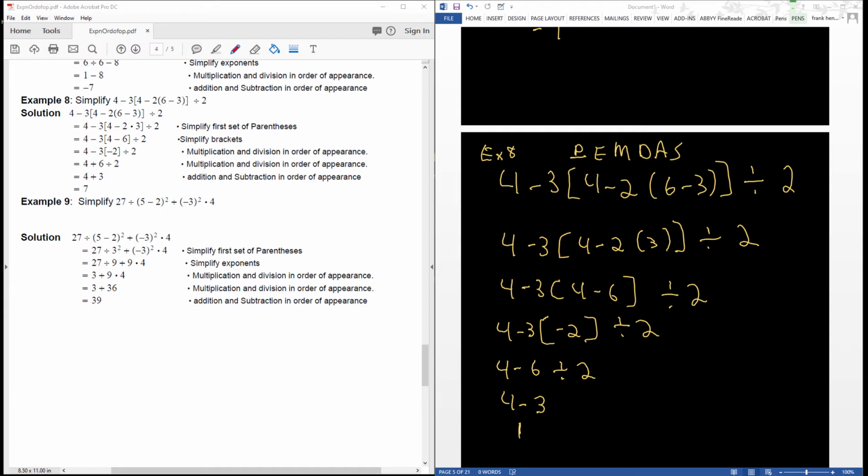So I got a different answer than what they got there. When I look up here, I see 4 minus 3 is 1. That agrees. And I see the division by 2 there. But here I have negative 2 times 3. Negative 2 times 3 should be a negative 6 here. And that changes things.